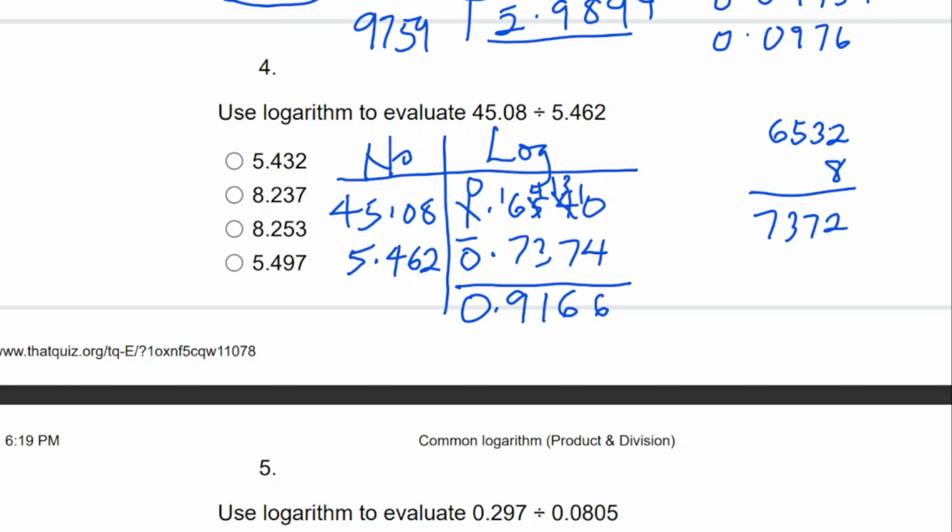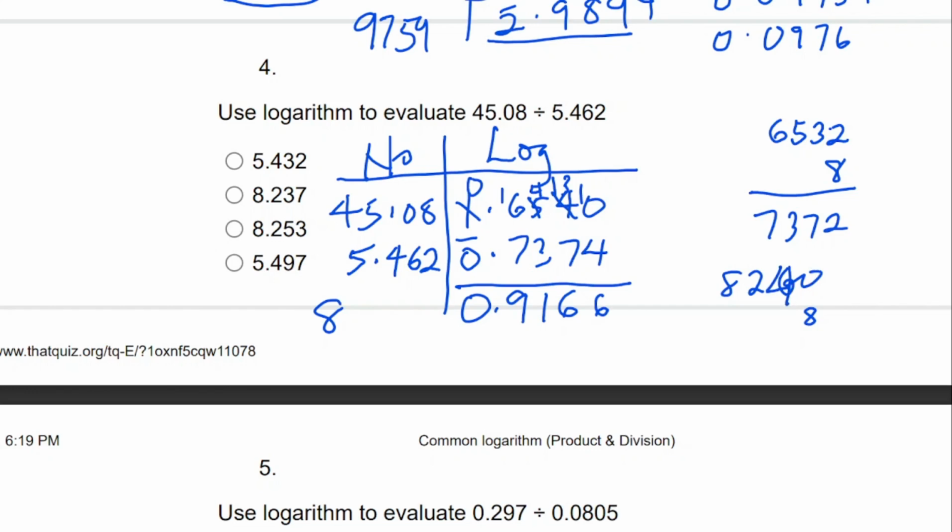So the next is to find the antilog of 91 under 6. Antilogarithm 91 under 6 gives us 8241.